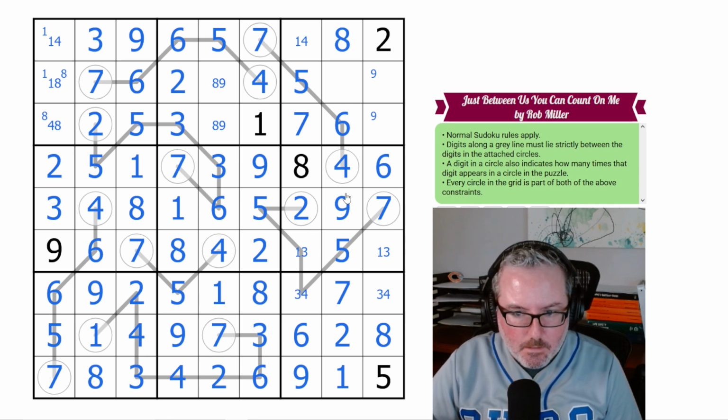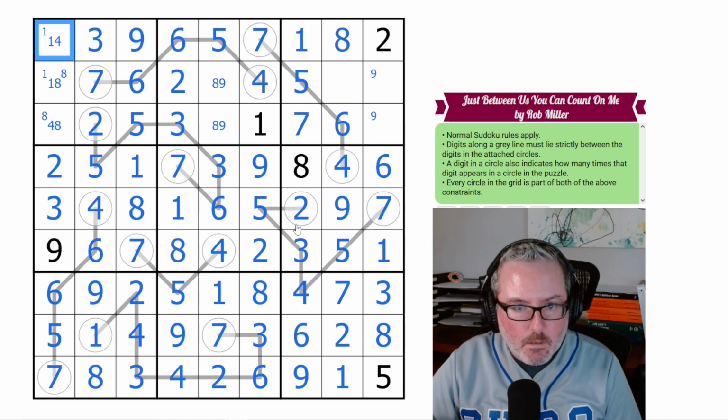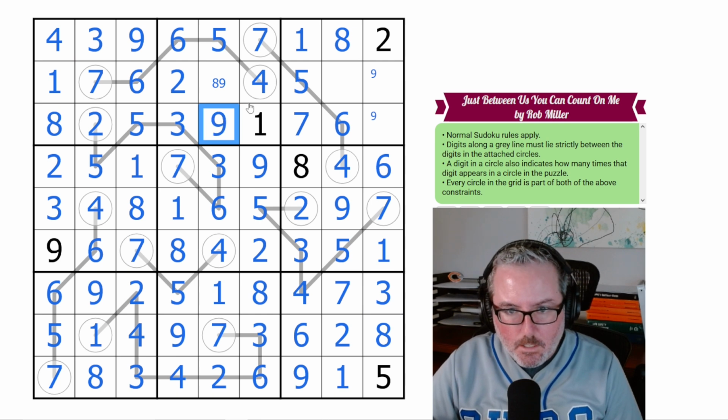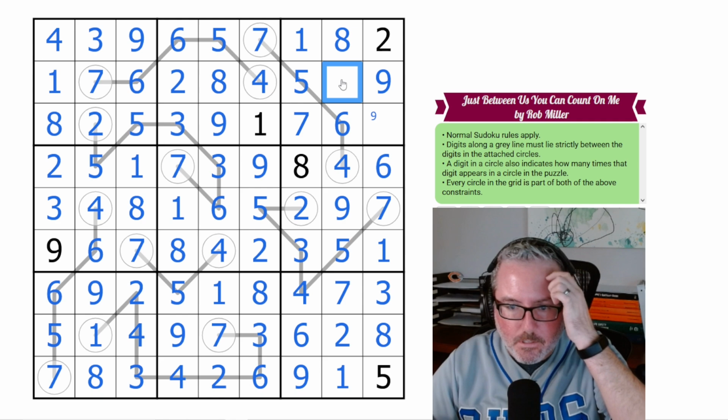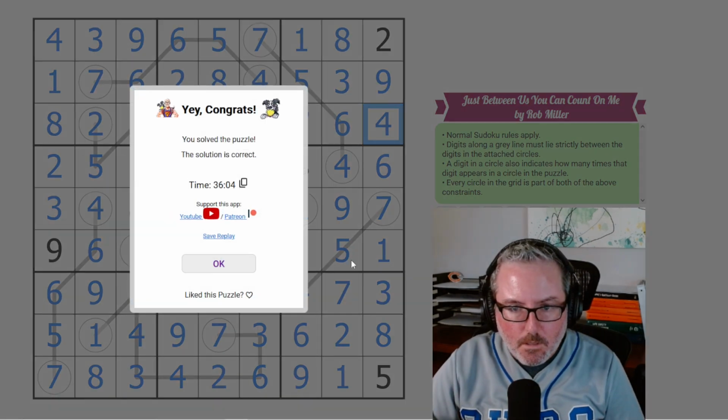So let's see. Oh, this can never be a 1. I just saw that. So this has to be 3. And these last two digits are going to be given. So this has to be 3, and this has to be 4. And there we go. You solved the puzzle.